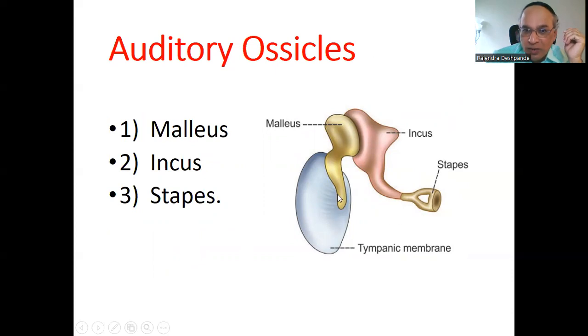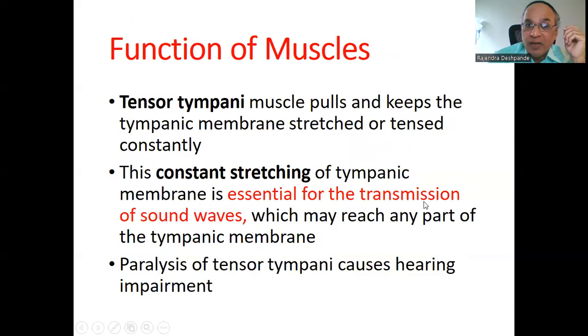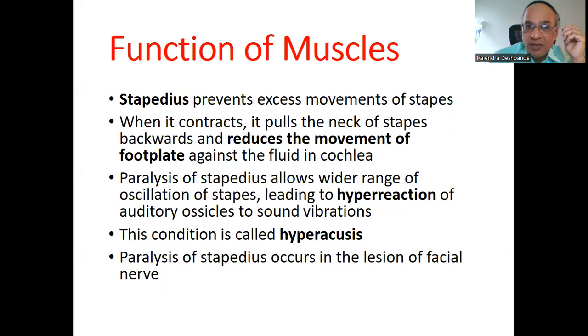The tensor tympani is over here, and the stapedius is attached over here. It holds the stapes to prevent unnecessary force on the next part, because that is attached to the cochlea.